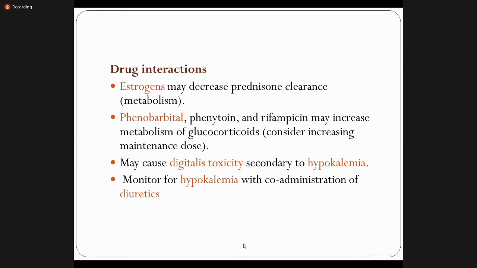So there is a decreased level of drug in the blood due to enzyme induction activity, and different drugs induce the P450 enzymes involved in drug metabolism, like phenobarbital, phenytoin, and rifampicin, that may increase metabolism of glucocorticoids, right?